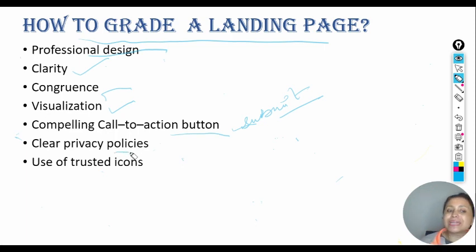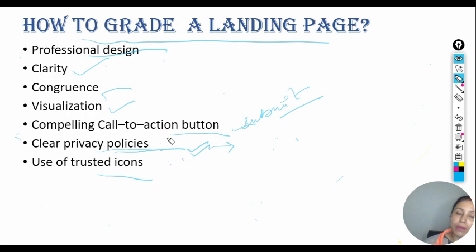Then is your use of clear privacy policies. If you're giving clear privacy policies, it is actually going to increase the trust level. Then the use of trust icons. Using logos of trusted brands, or logos of any association that you have, helps you grade the landing page. Why?